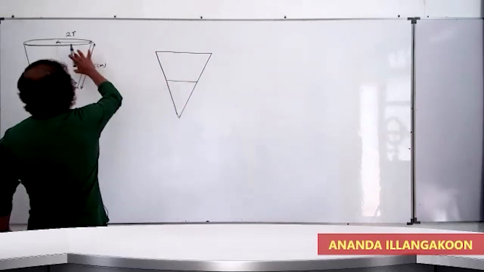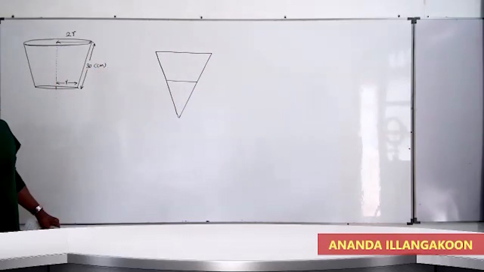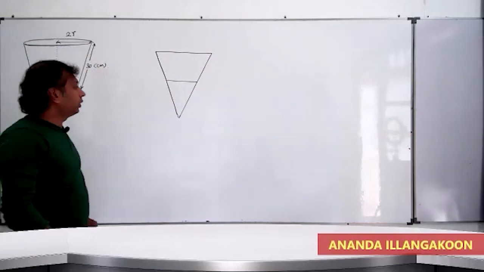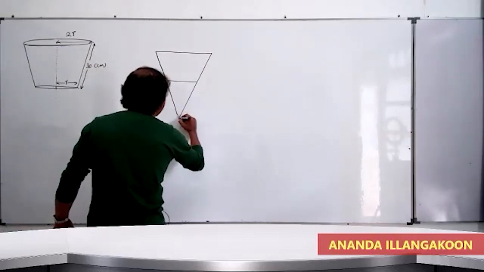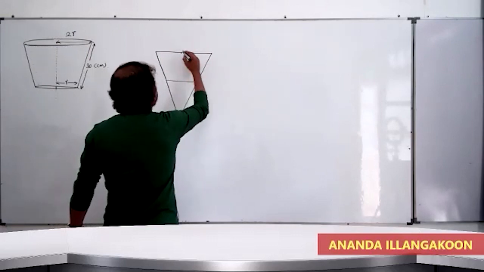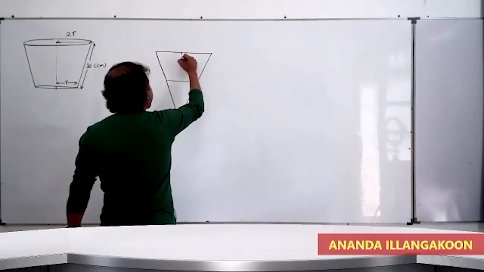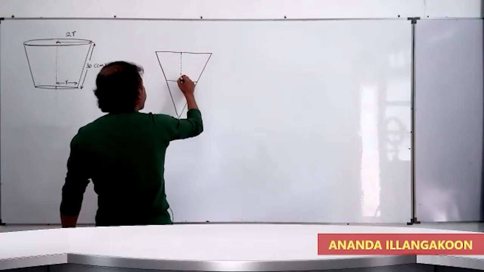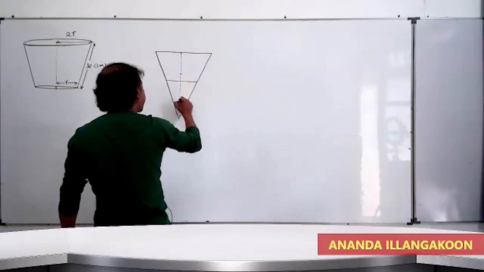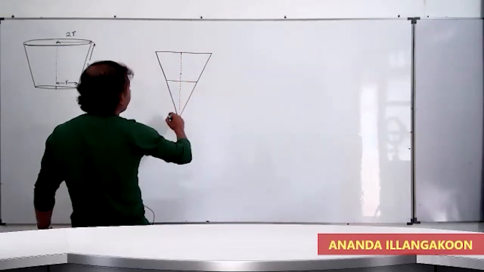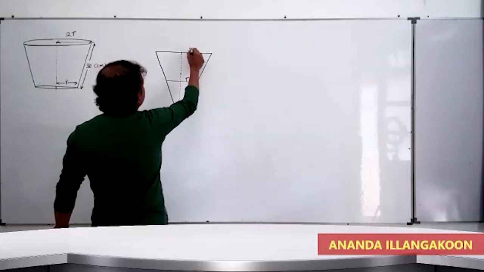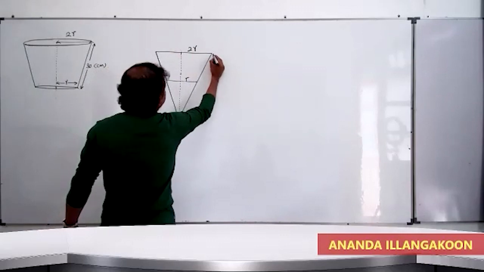Only the upper part is taken here. That upper part is the basin. So then if we construct here this way, this is r, this is 2r, this is 30.